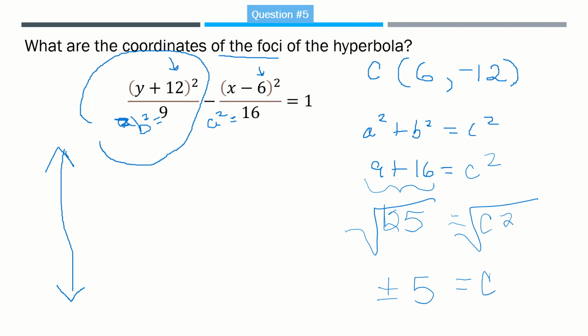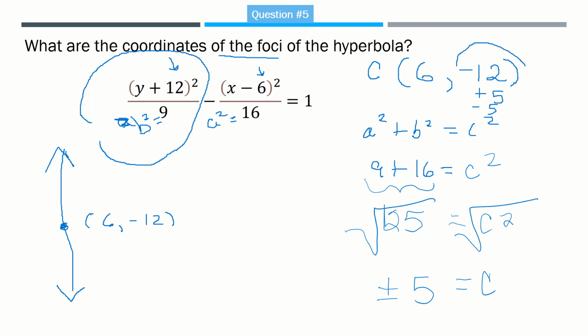So we're going to change the y value by adding 5 and subtracting 5 to get where our foci are. The center is, we've already identified that, at 6, -12.